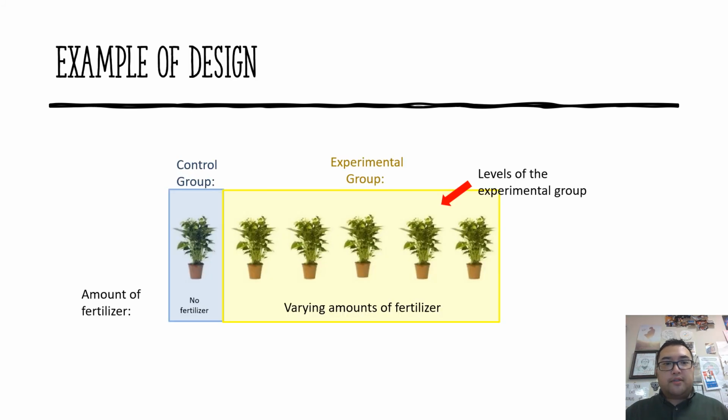So going back to our example of fertilizers, the amount of fertilizer would be the independent variable. So for our control group, we have no fertilizer, and let's see how the plants fare. And then varying amounts of fertilizers would be the experimental group. And again, we would want to be very detailed about the amounts of fertilizers in these groups.